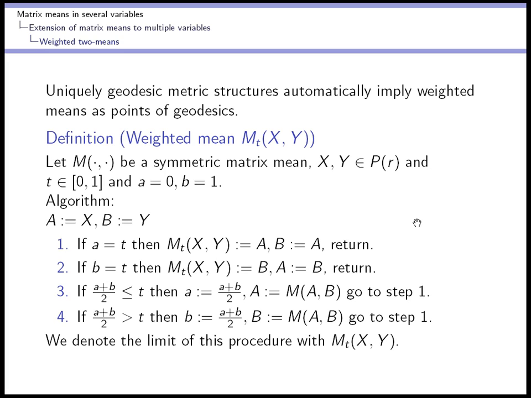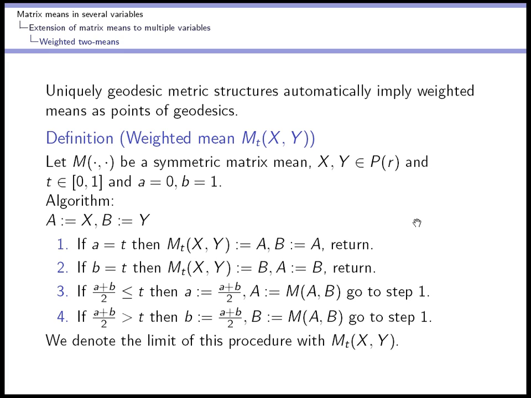We take the midpoint of it. So we take the midpoint, and we take the midpoint again, and we see that t is in between these 2 midpoints. Then we take the midpoint of these 2 and these 2, and this way we can interpolate this point, so we can get it back as a limit. Actually, this seems to converge for any possible A and B and symmetric matrix mean.